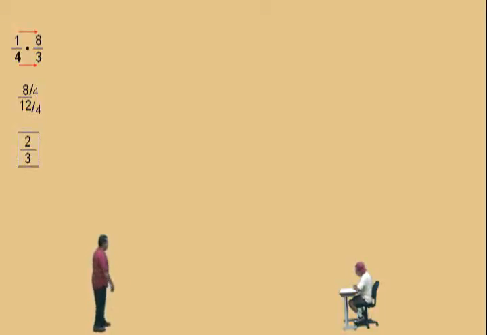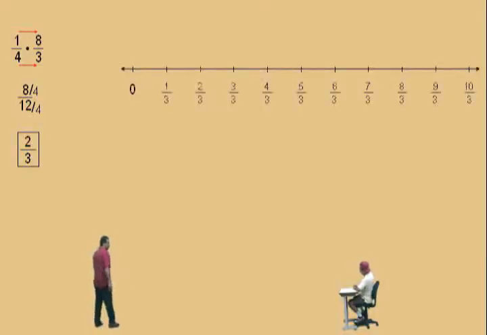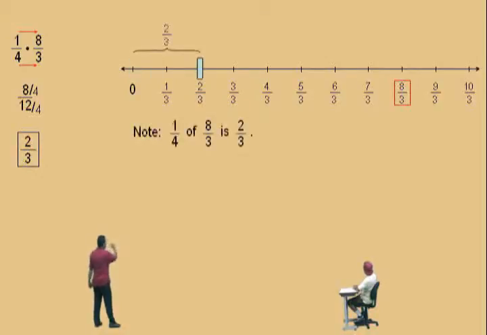That makes sense. Well, let's put a number line up. There's 8/3. Now, what we're going to do is say, hey, we just found out that 1/4 of 8/3 is 2/3. That's what we just calculated. And that makes sense. If you take the 8/3 and break it up into fourths, each fourth should be 2/3.